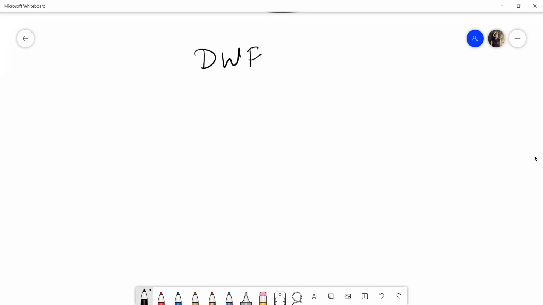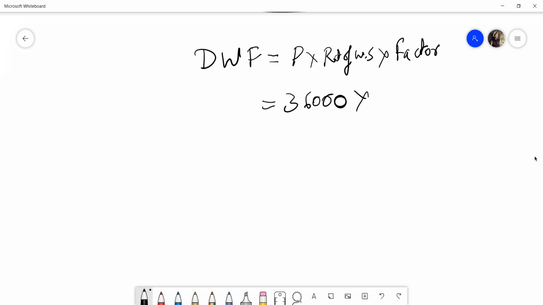It is population into rate of water supply multiplied by factor, which is 36,000 multiplied by 135 liters per day multiplied by the factor 0.8. Since population and factor don't have units, the unit we get will be liters per day.